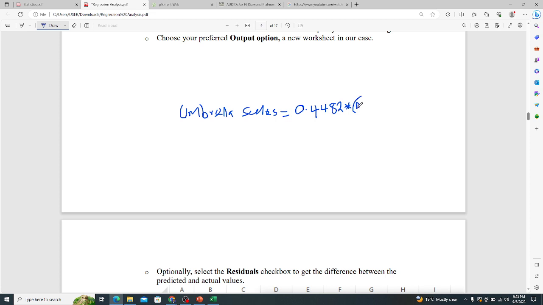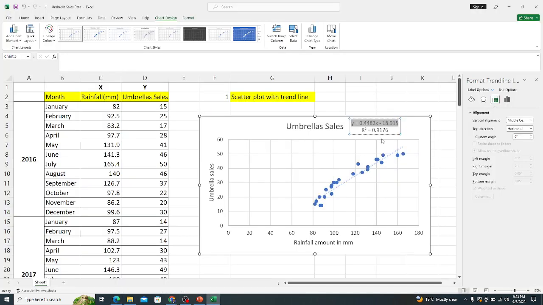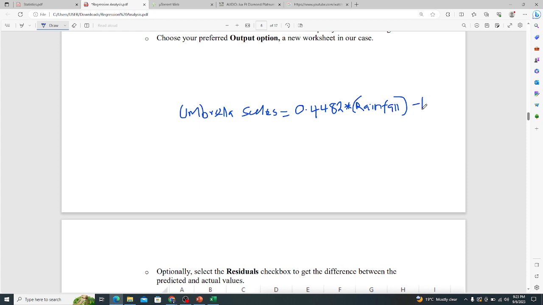So we have 0.4482 multiplied by rainfall, minus our y-intercept, it was negative 18.915, so minus 18.915.